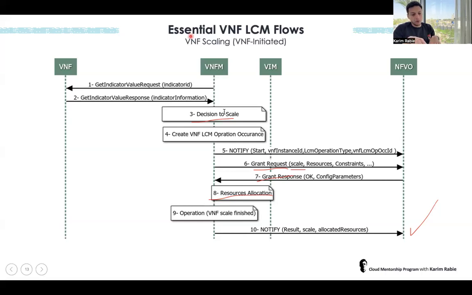So you don't have to stick to a specific data center if there are other resources in other data centers. If it's mandatory to provision or scale that VNF on that specific data center and there are no resources, then NFVO will not grant the request.